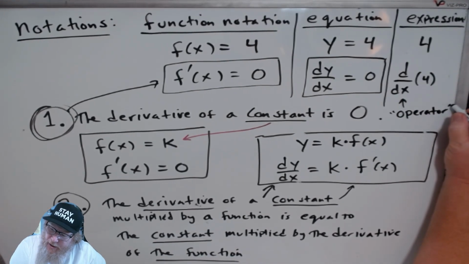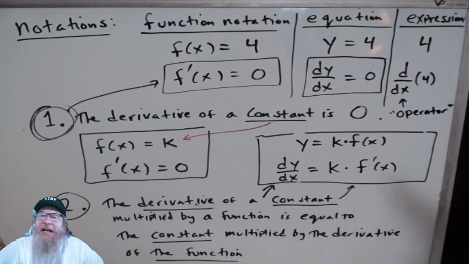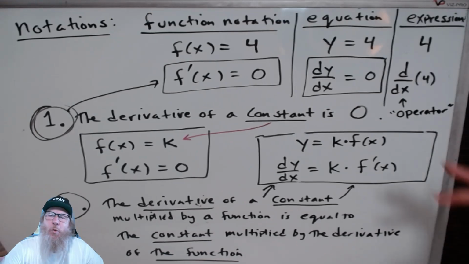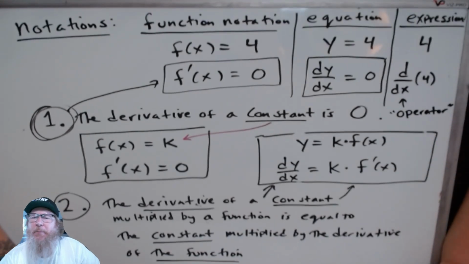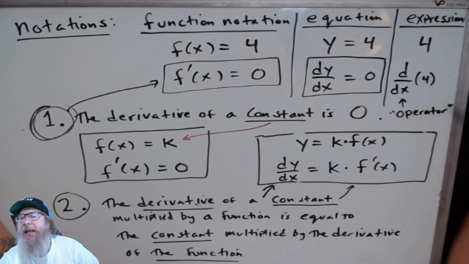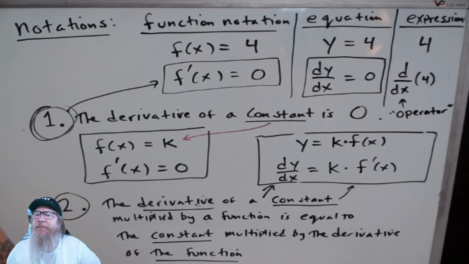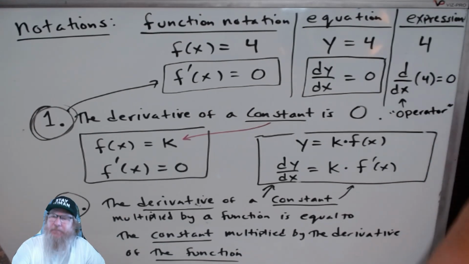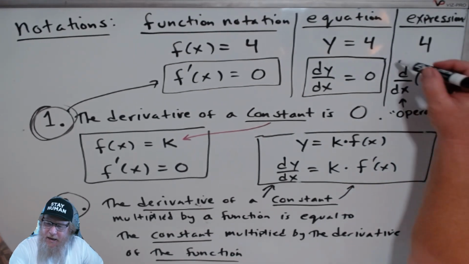Well, the reason why we call it an operator is because you're performing an operation, just like addition or subtraction or squaring or square rooting or multiplying. So I'm saying that this operation is being applied to this expression, and the result is equal to 0.